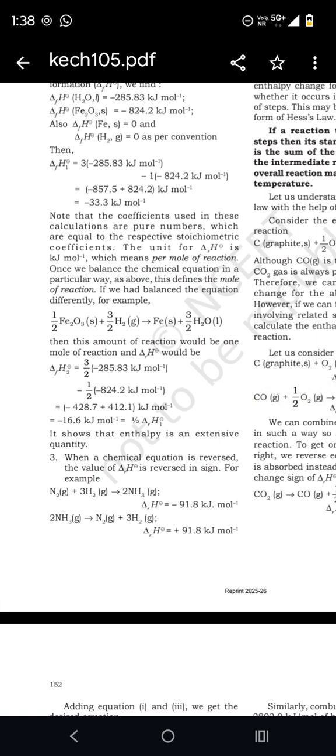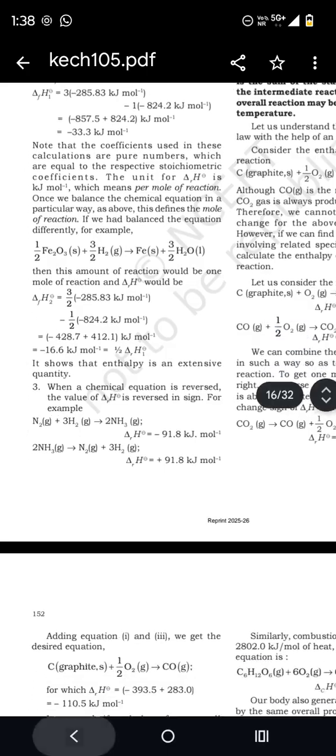The unit for this is kilojoule per mole, which means per mole of the reaction. Once we balance the chemical equation in a particular way as above, that defines the moles of the reaction.